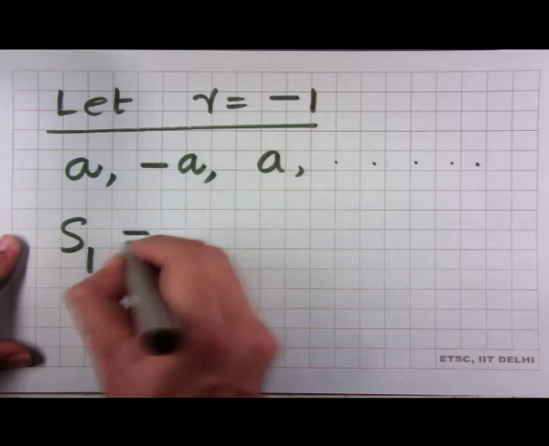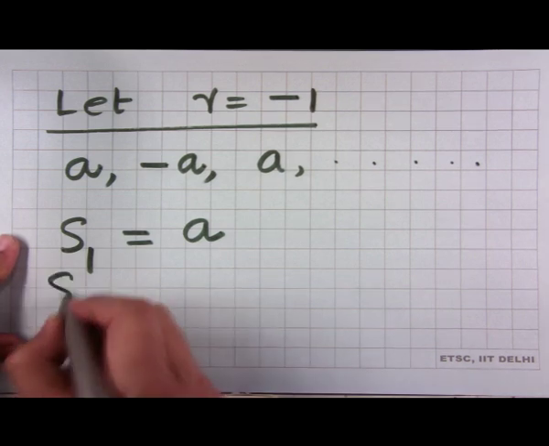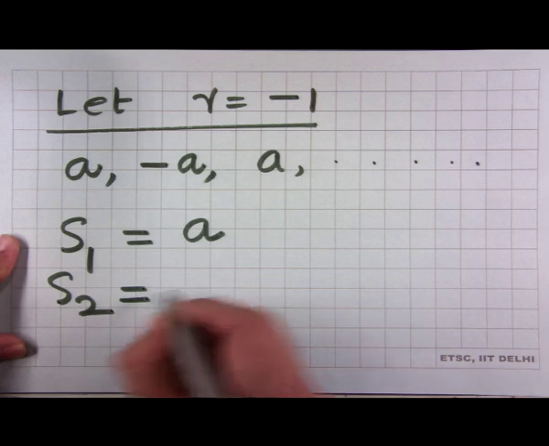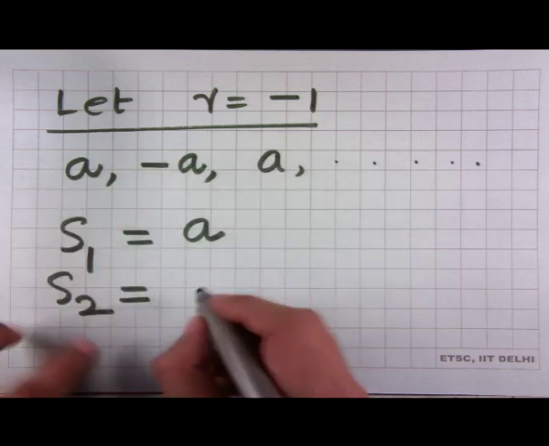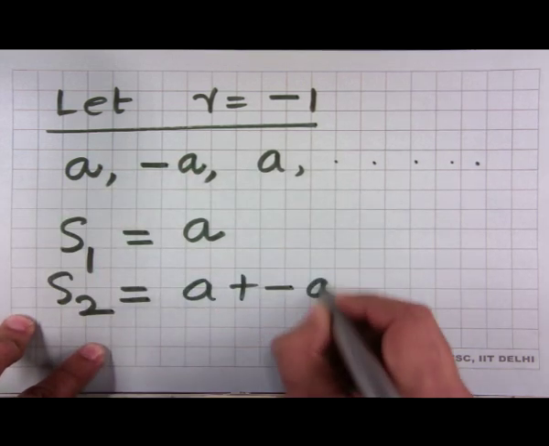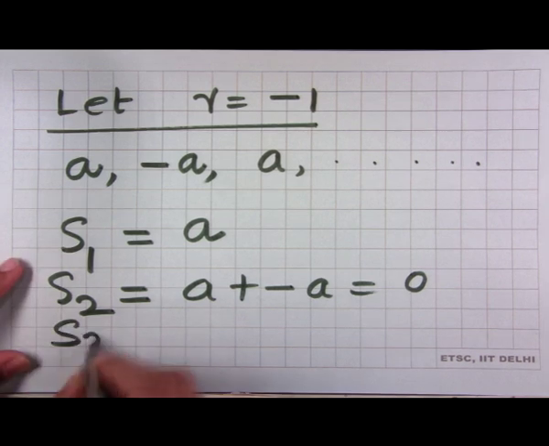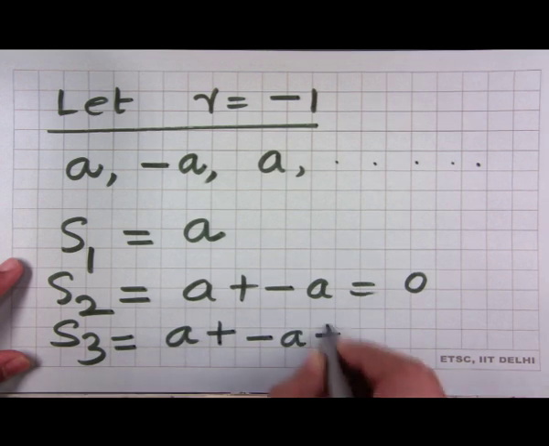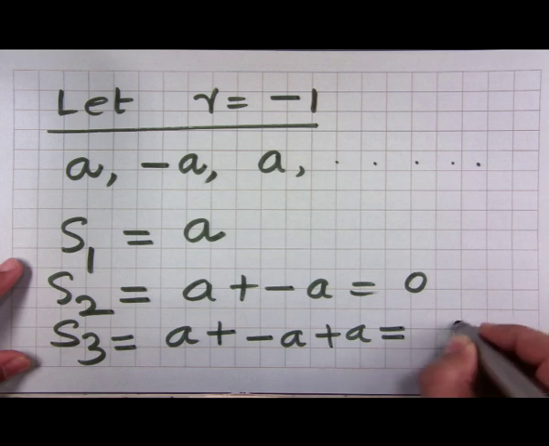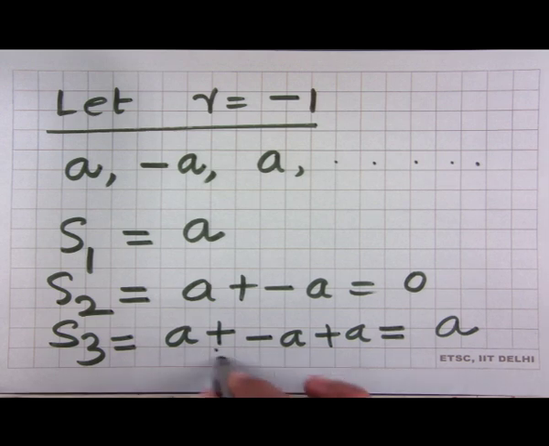S1 will be a, the first of the sequence of partial sums. The second partial sum will be first term plus second term, a plus minus a, which is 0. The third partial sum will be a plus minus a plus a, which is a, and so on.